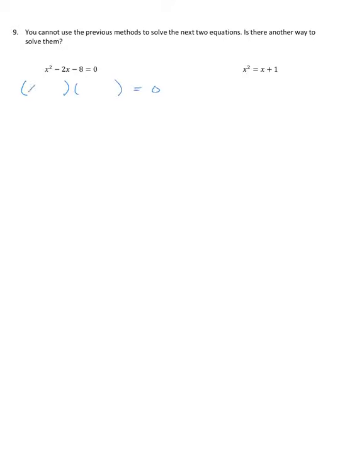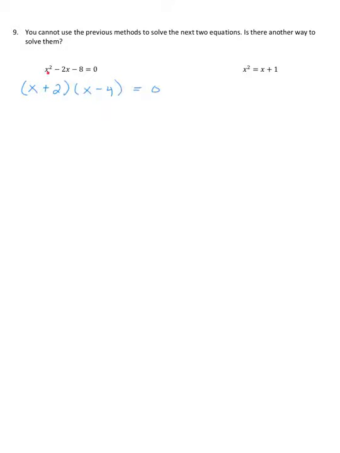If so, it's got to be an x and an x, and then we're just left guessing numbers that go here and here that multiply to negative 8, yet add to negative 2. Well, since the last number, negative 8, is negative, it's got to be a positive and a negative. And I think the two numbers that are going to work are positive 2 and negative 4. And this is simply just a guess and check approach.